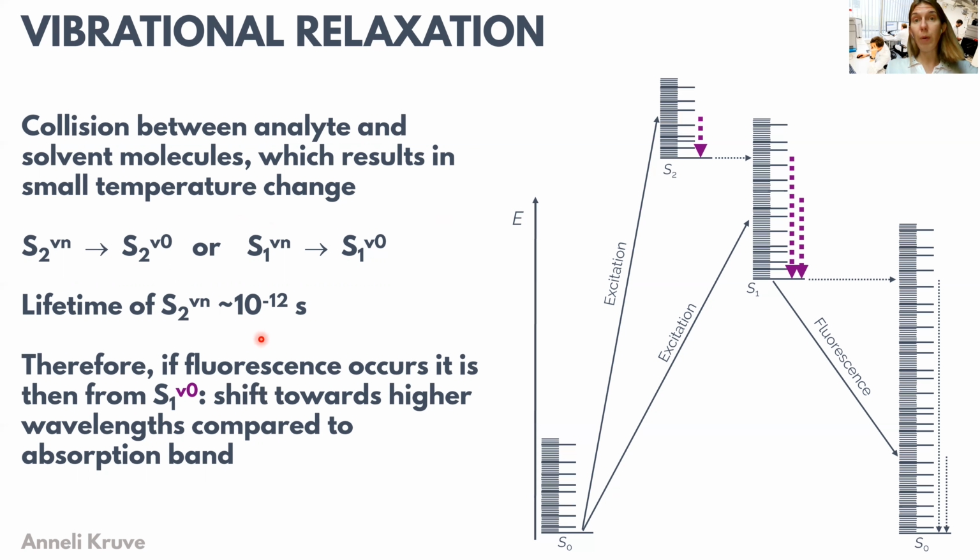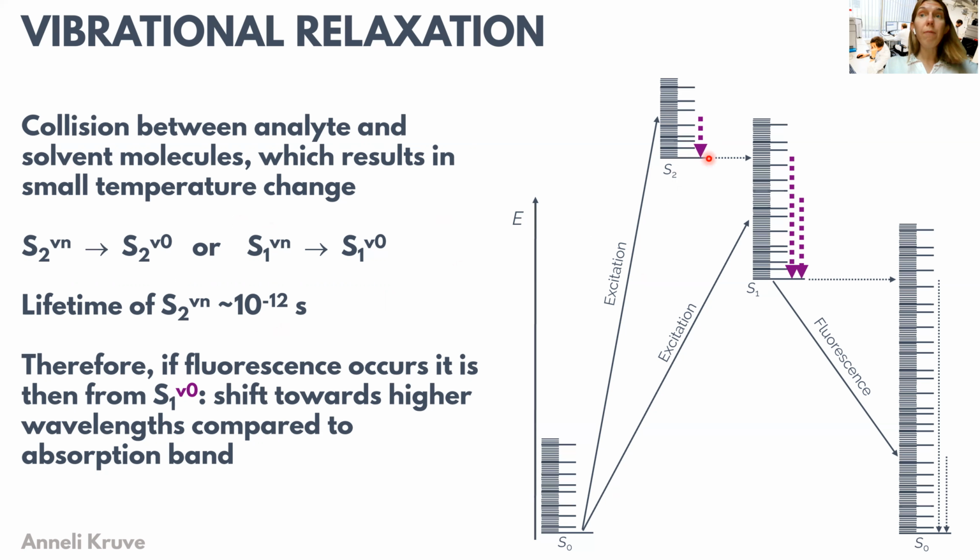It's about 10 to the power of minus 12 seconds. This means that almost immediately when the excitation has happened, the molecules return to the vibrationally not excited state, but the electronic excitation still remains.